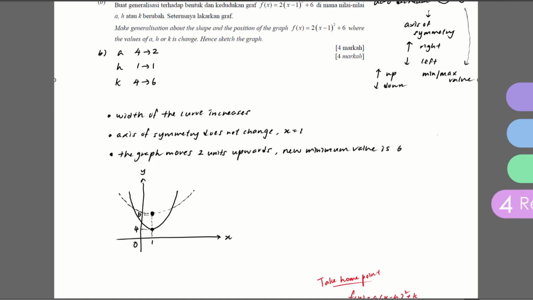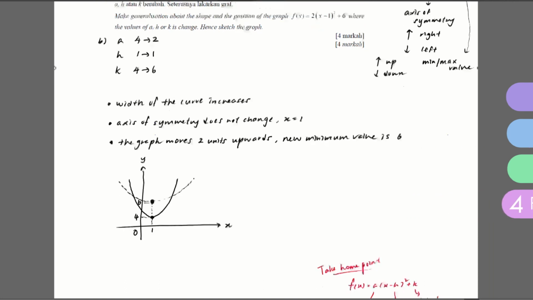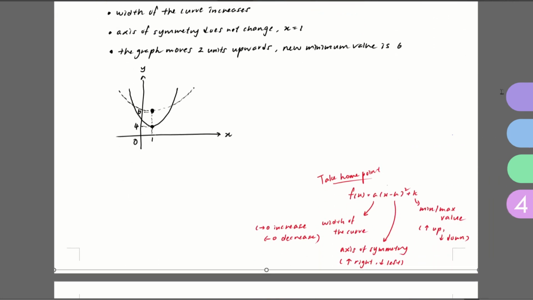The take-home point for this video is understanding the usage of vertex form, which is finding the minimum or maximum point, which is H, K. Remember, when we extract the x coordinate, we need to change from negative to positive and positive to negative.